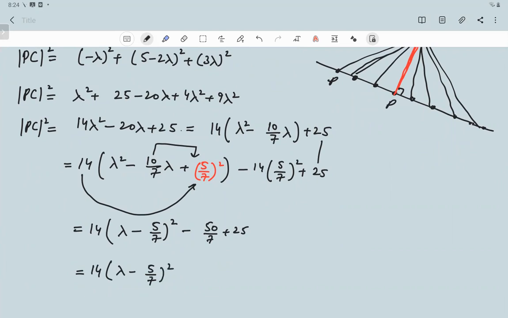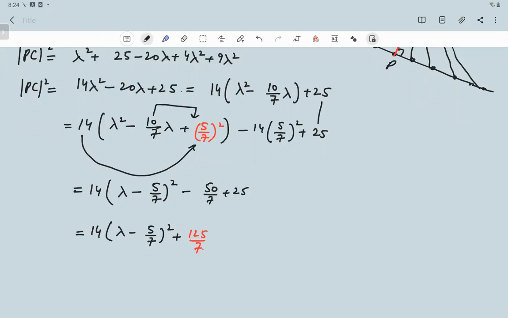And you know, this red value is the minimum value of the expression. Hence, the minimum value of PC square is 125 over 7.